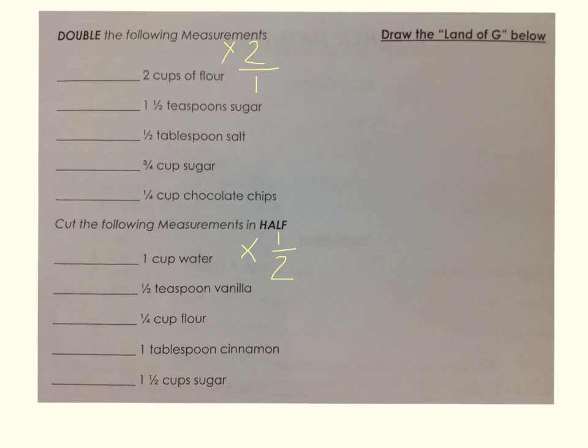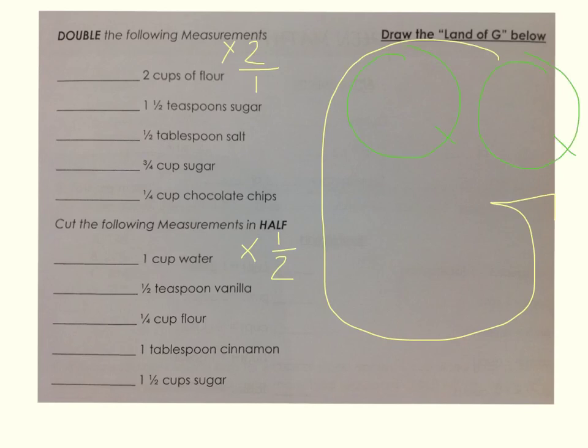We are going to draw the land of G a lot bigger so that you can actually see. The G is for gallon, and inside each gallon we have 4 quarts. And then inside each quart we have 2 pints.